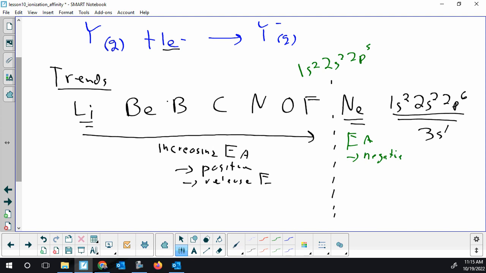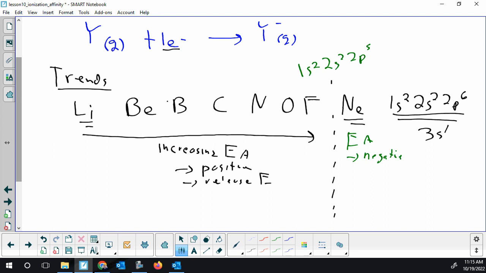But if you compared beryllium versus antimony, okay? Antimony is a little further to the right, so you'd expect a higher electron affinity. So don't look up or down, just look right to left. The more right you get, the greater the electron affinity. And this will be a good vague prediction. Okay.